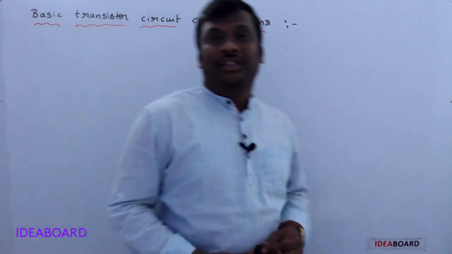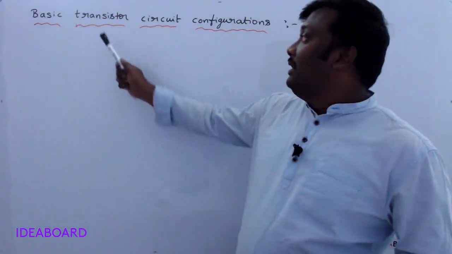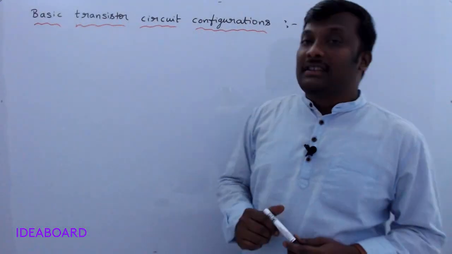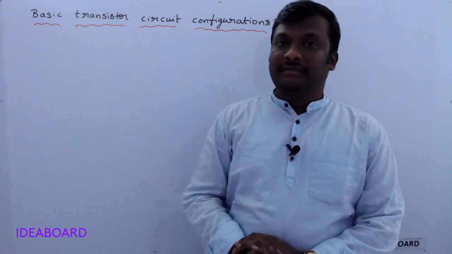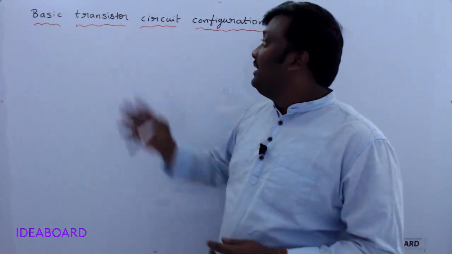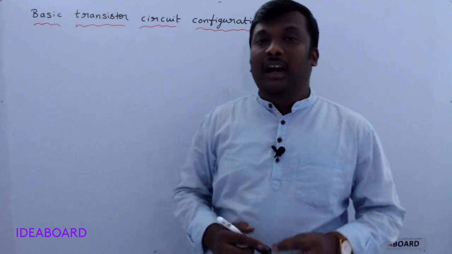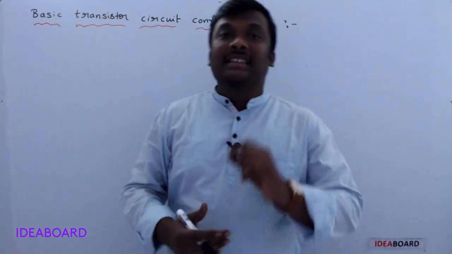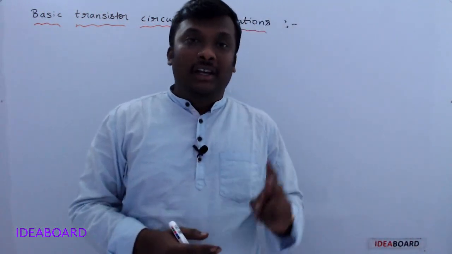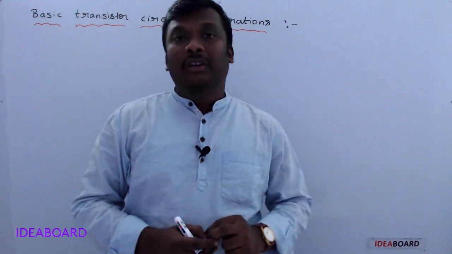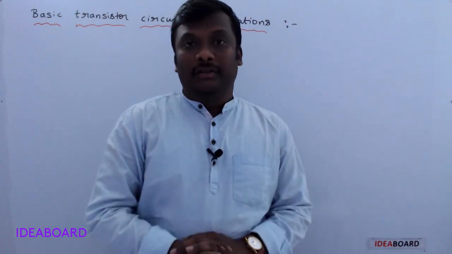So, in today's section, we are discussing basic transistor circuit configurations. In any circuit, there have to be two terminals for input and two terminals for output.